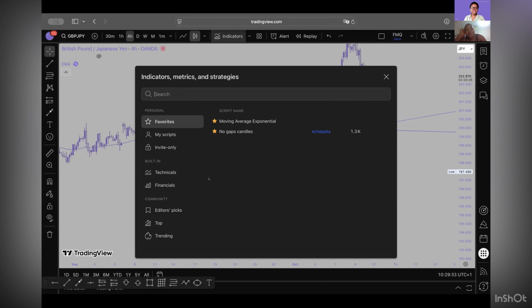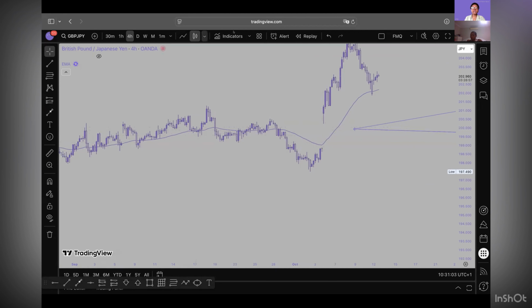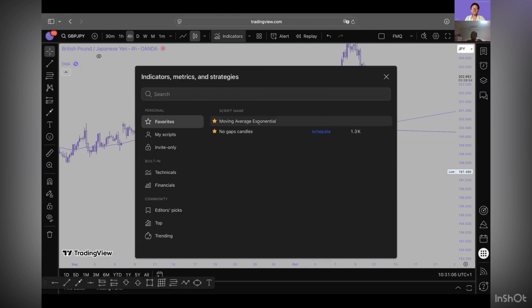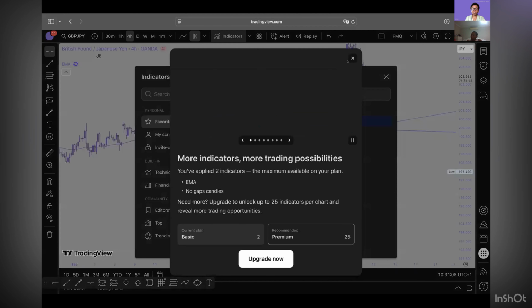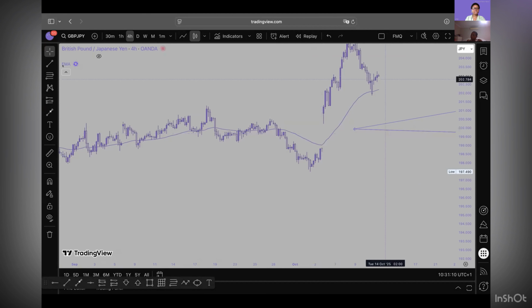So indicators, again, the ones that I use are moving average exponential and no gaps candle. We already discussed what no gaps candle is. When it comes to the moving average exponential, when you click on moving average exponential, when you'll be watching this video, on the left-hand side, as you can see where my arrow is, EMA, when you go to settings, this icon you're seeing here is to hide or make visible.